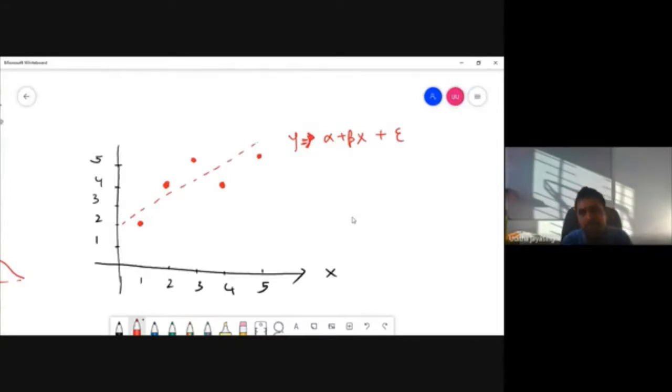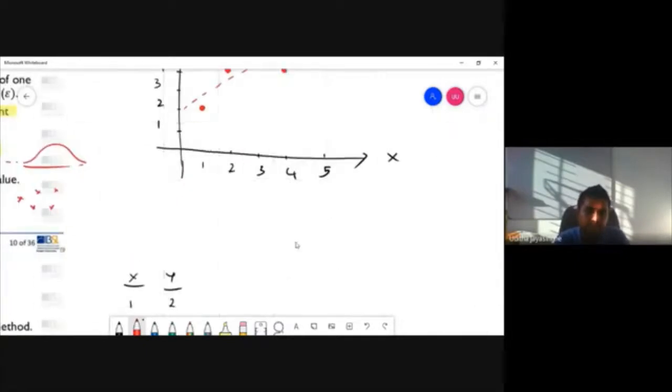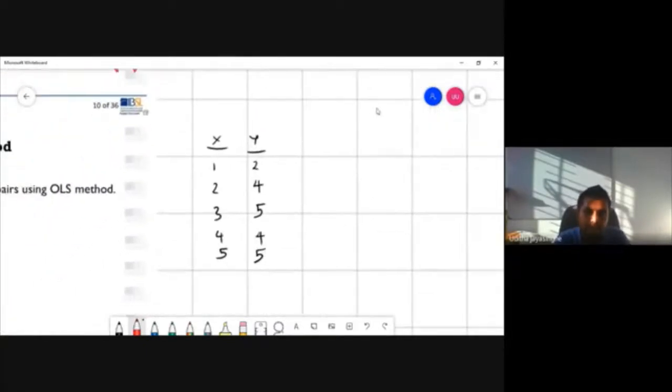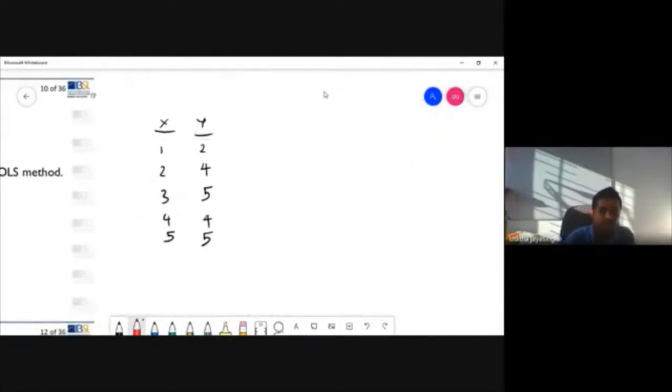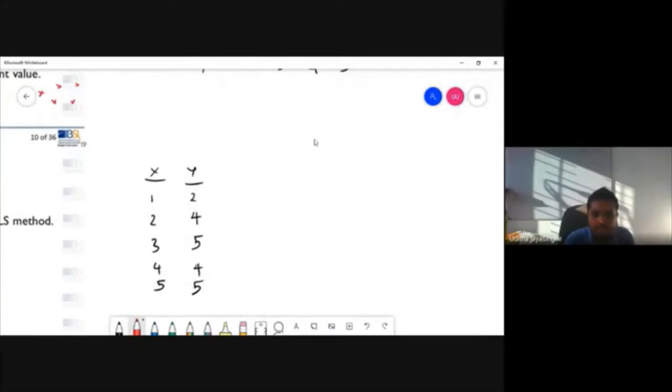Because we are minimizing the error term. So we know that beta and alpha can be calculated. How do we calculate beta? If I write the equation for your purview, beta is going to be the covariance between x and y divided by the variance of x.